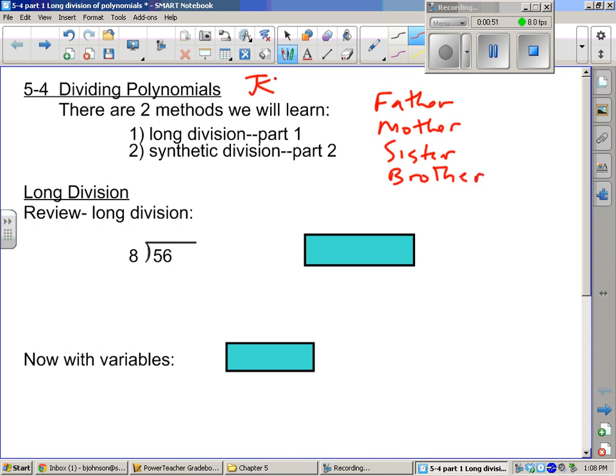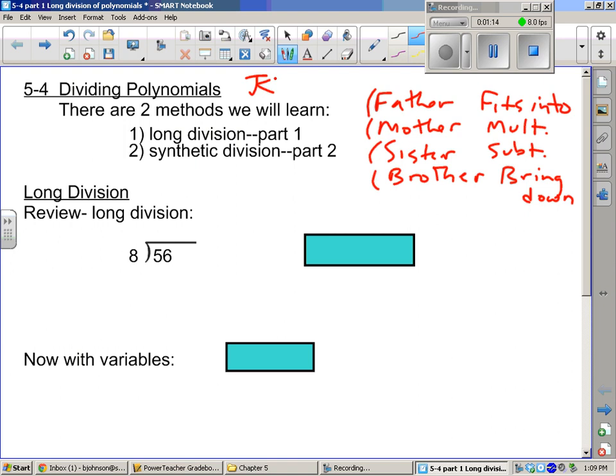And it's a way to remember the order that we're going to do things. So father stands for fits into. Mother stands for multiply, sister stands for subtract, and brother stands for bring down. So if you forget what you have to do next, just think father, mother, sister, brother.